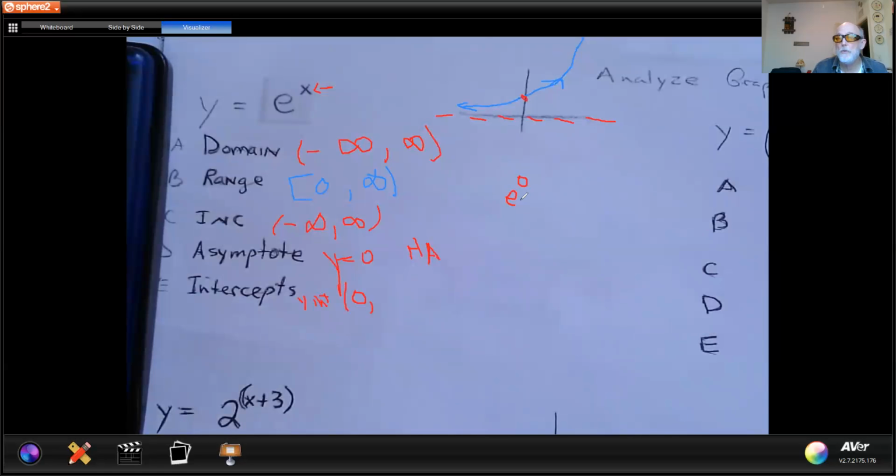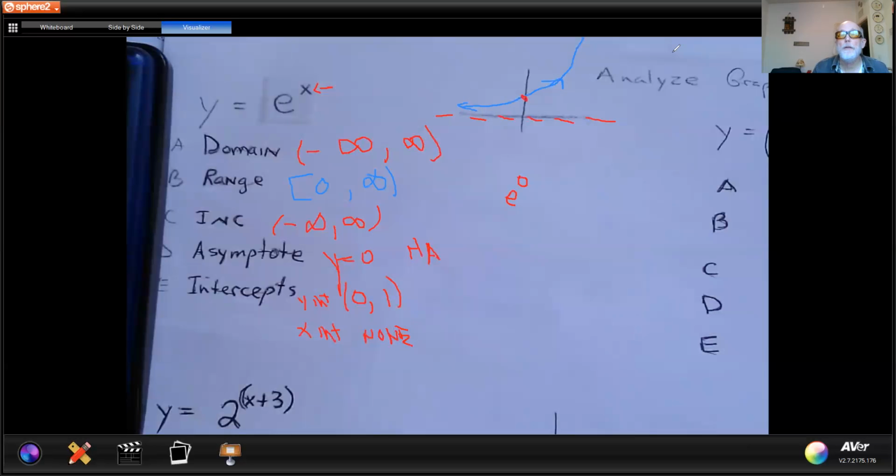Well, if I put 0 as an exponent on anything, the answer is always 1. So this is 0 comma 1. And the x-intercept? It doesn't have an x-intercept, so we're going to say none. Don't leave it blank. Tell me if you know it doesn't have it.